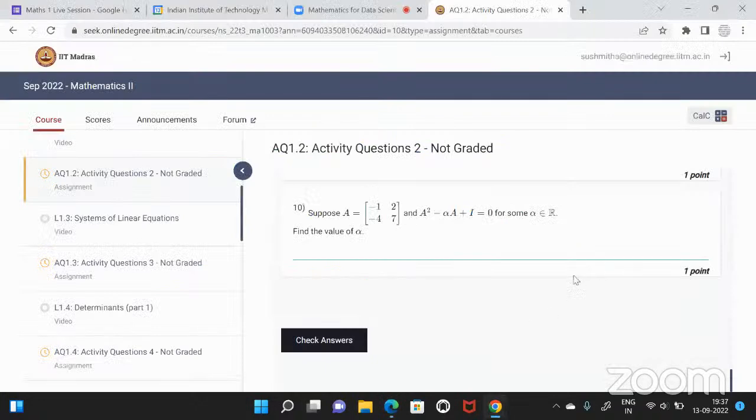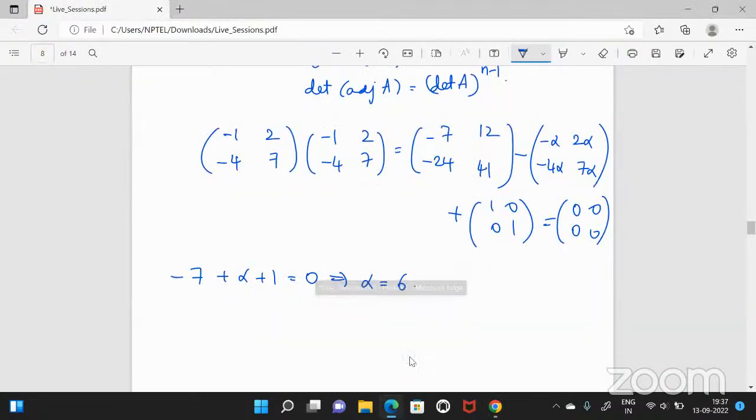Ma'am, I solved this question already, but how did you solve it, very short? Means in the last line, how do you find minus 7 plus alpha? I just added the matrices.